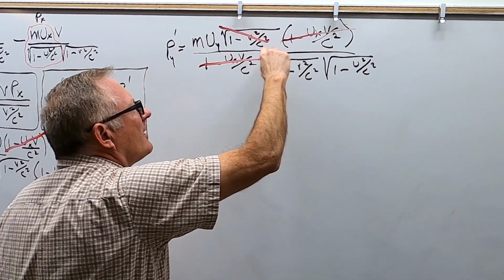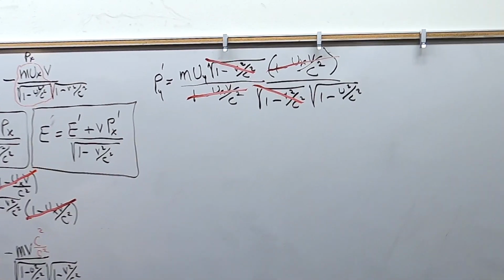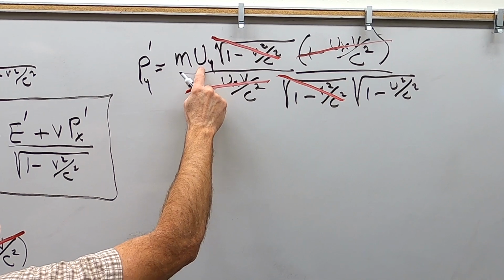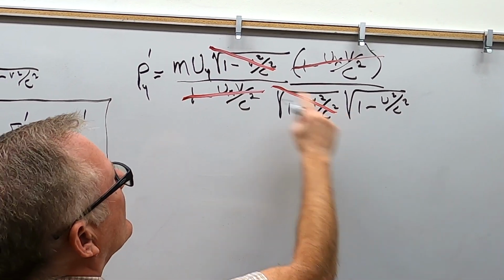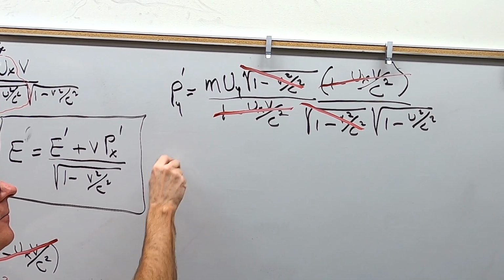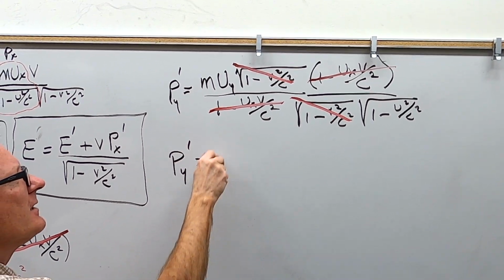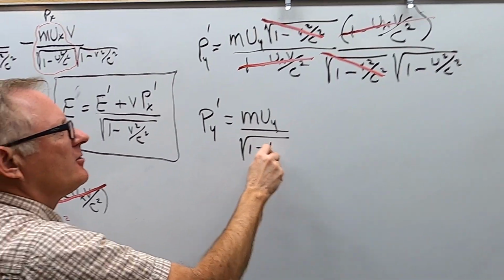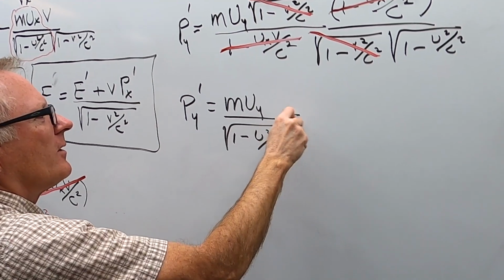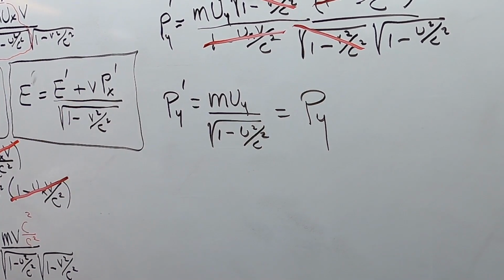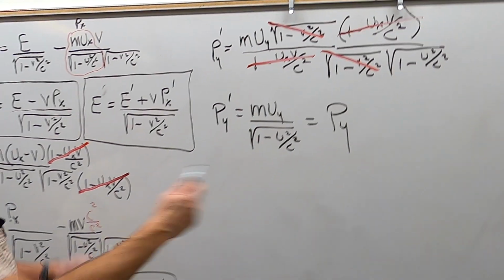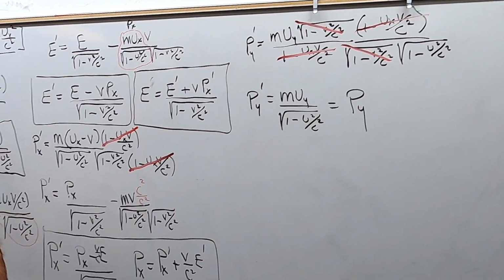This term cancels with that term. And we're left with m uy. So py prime is equal to m uy all over the square root of 1 minus u squared over c squared. Well, that's just py. So py prime is just py, and so I don't have to go back the other way right here.